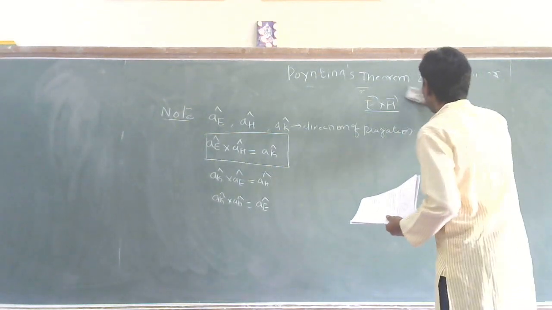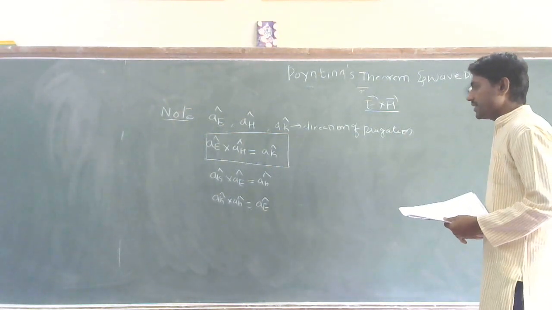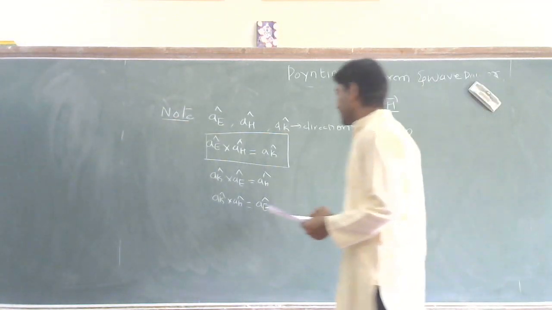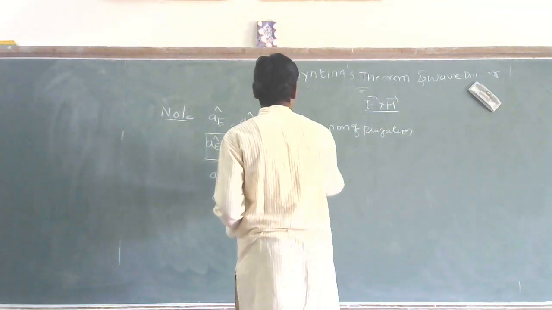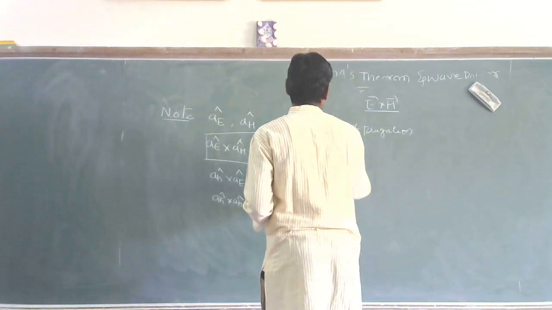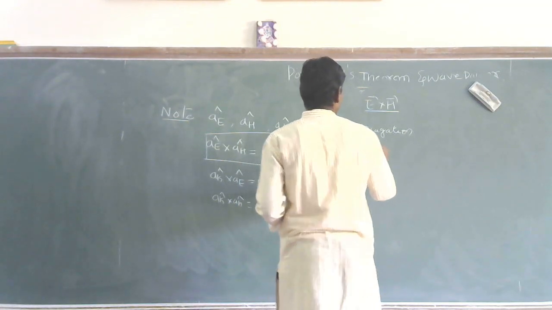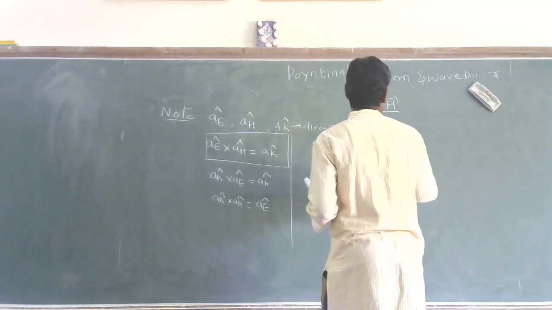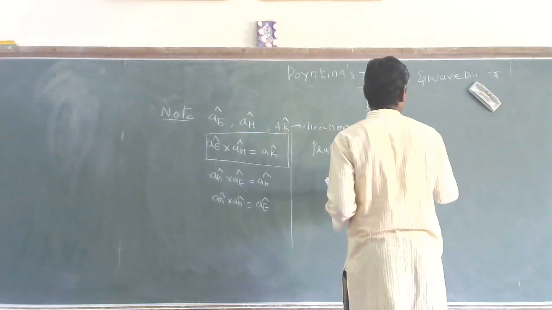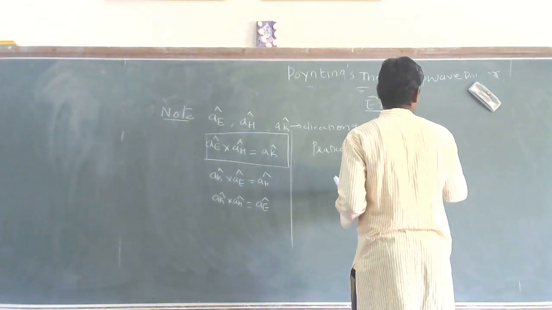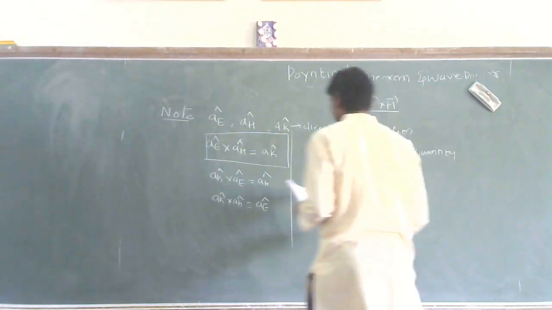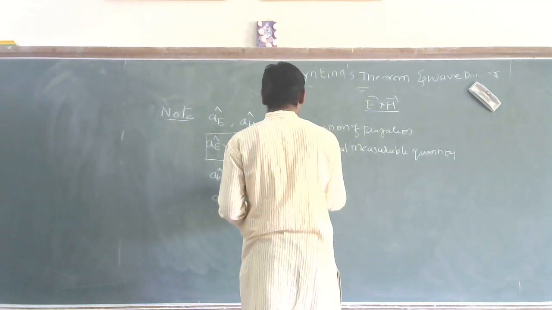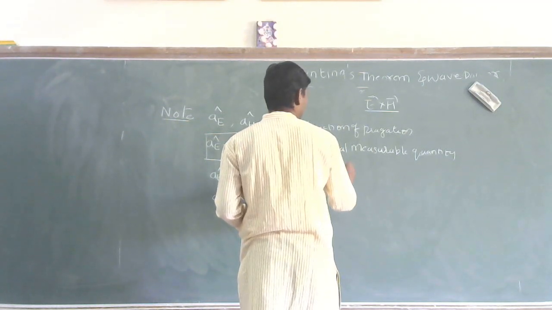So we have seen the power density. But the practical measurable quantity is the time average power.